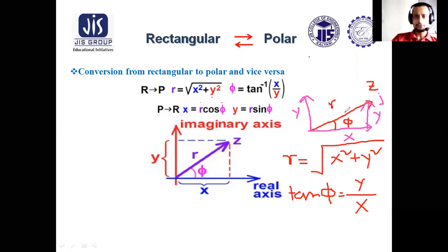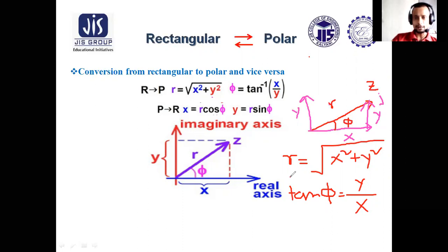That means if an AC quantity is represented by x plus jy, then it can be converted to polar form, which has R magnitude and phi phase angle.